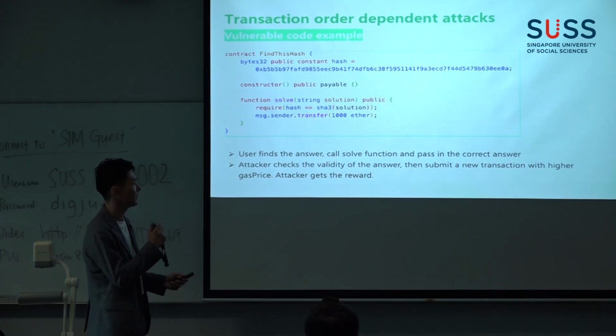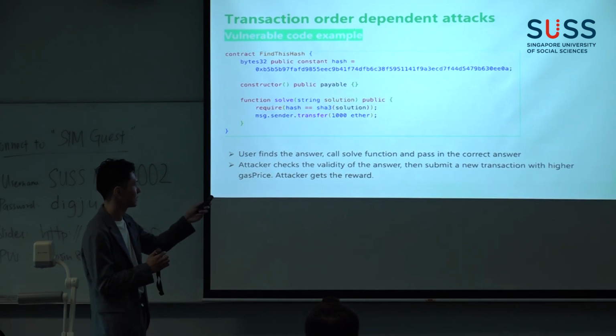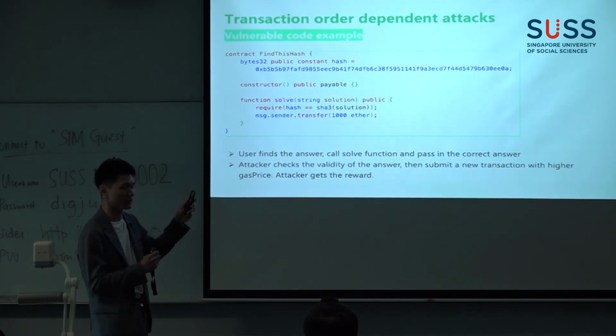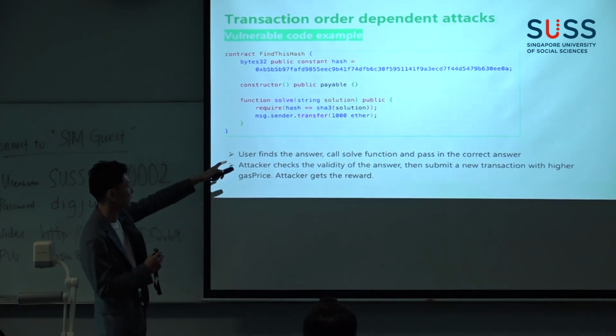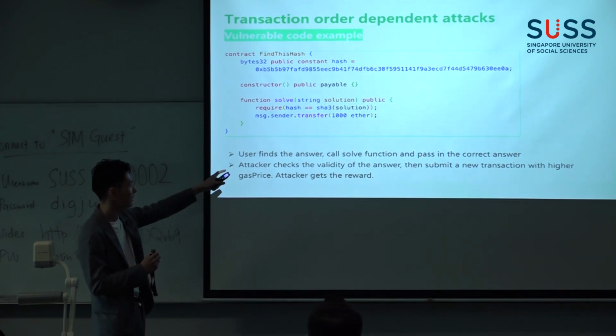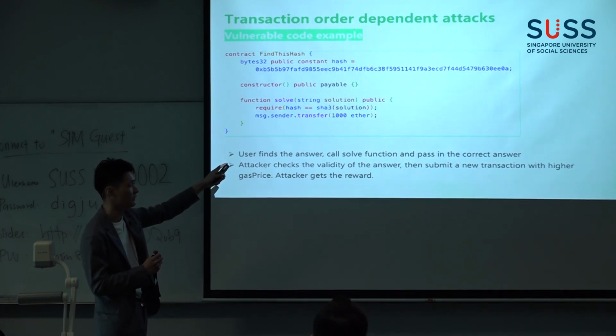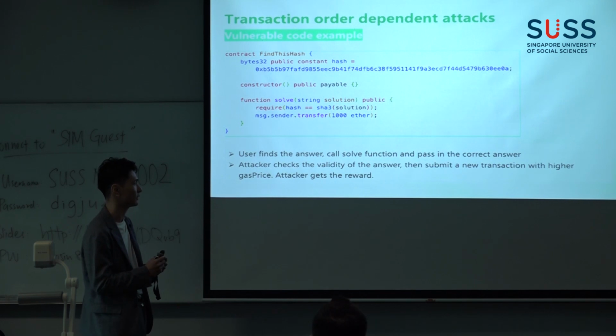The attacker checks if the answer is correct, and if it is, he can just submit his own transaction with the string, because it's all public. It's just a parameter passed in a function. He submits his own transaction with a higher gas price, beats the hardworking user, and gets the reward.